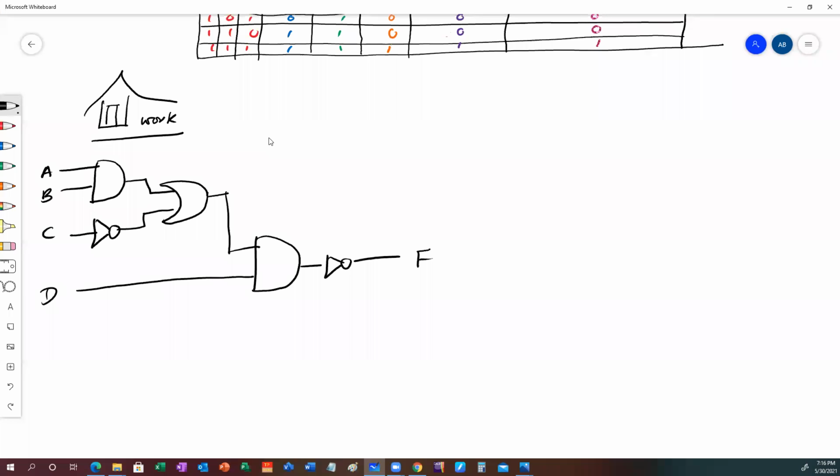Right, homework. There are 4 inputs. So you have to find F, second one, truth table.